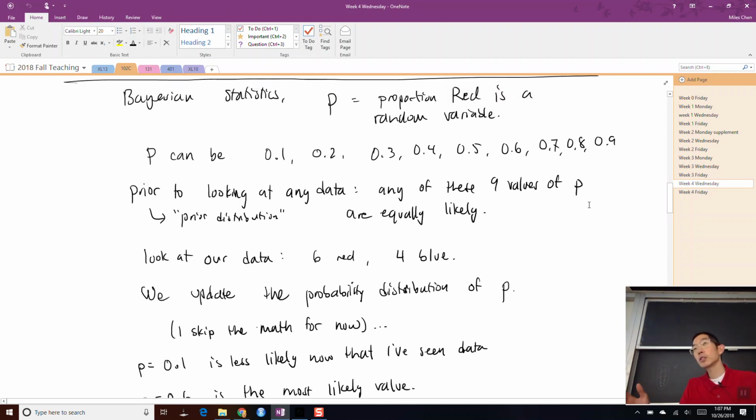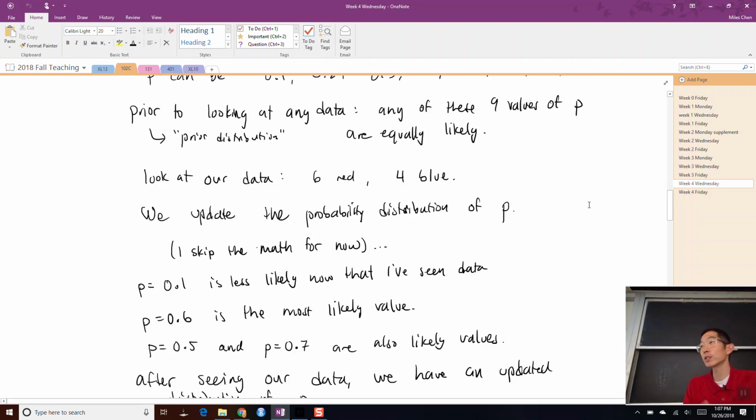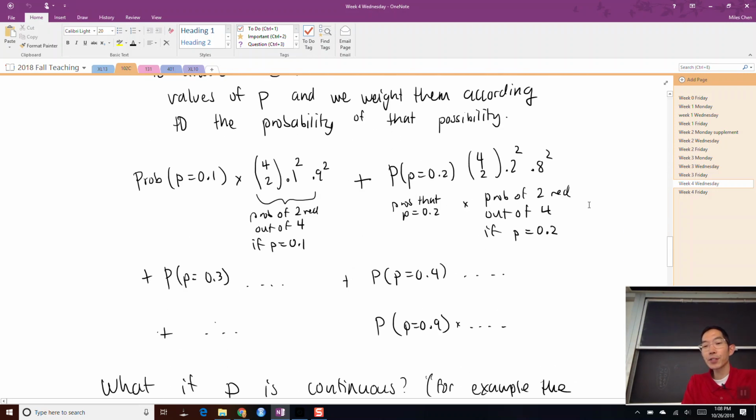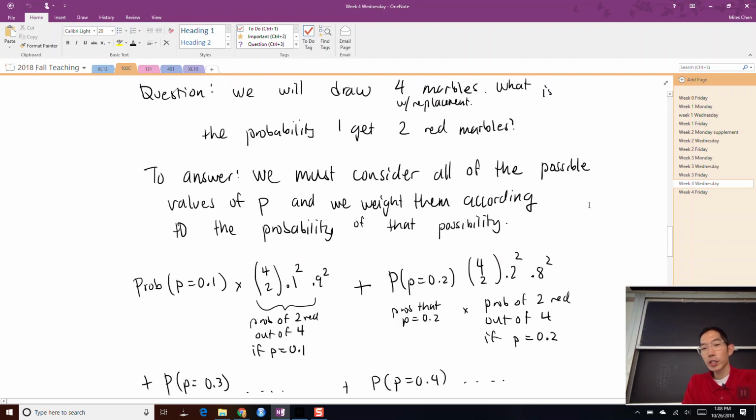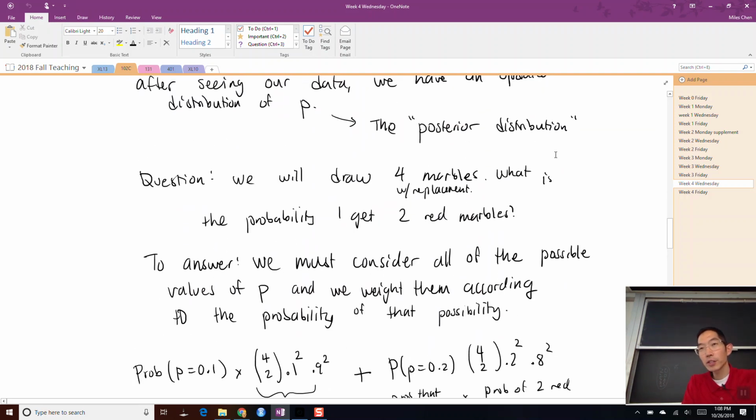In Bayesian statistics, we said the proportion that's red is modeled by a random variable. And so that value can be anything from 0.1 to 0.9 if there's 10 marbles in the bag, or if we don't know how many marbles are in the bag, it's going to be modeled by a beta distribution, right? That goes anywhere from 0 to 1. And then after seeing your data, we said you would update the distribution for what you believe P is.